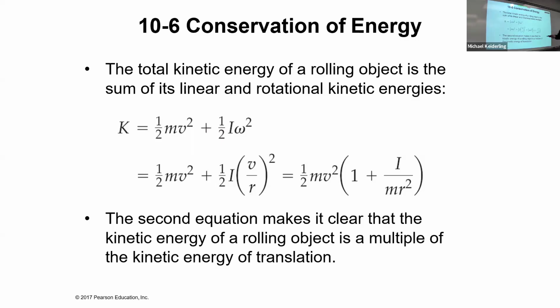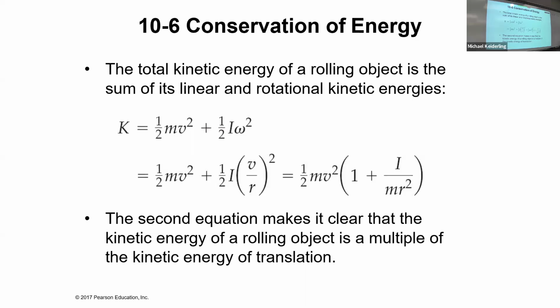One of the useful things we can do is plug in our relationships. You've used the relationship that velocity is equal to omega times radius, so omega is equal to velocity over radius.